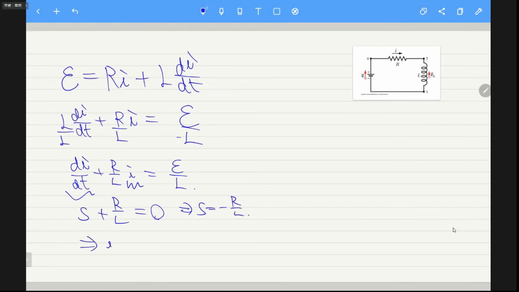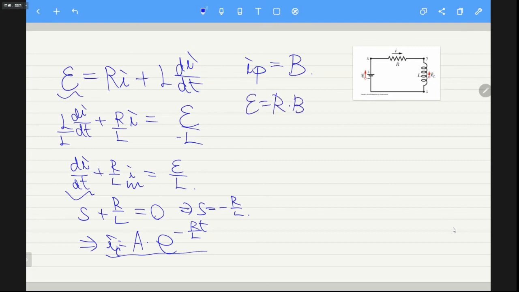So we have I equals A times exponential to minus R over L t, something like that. This is the complementary solution. And then for the particular solution, since this one is a constant, I_P is another constant, B. We plug in here: E equals R times B plus L times dI dt.